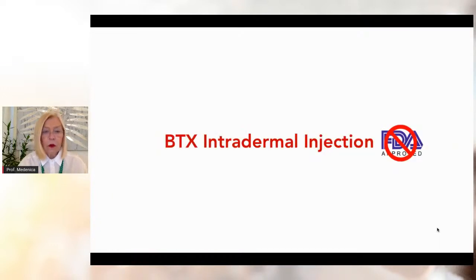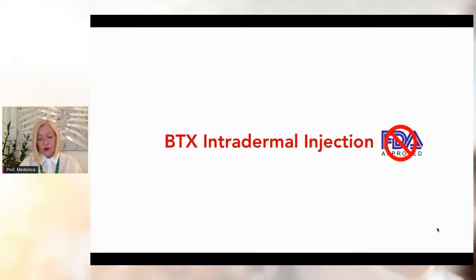Of course, the main topic of today's lecture is intradermal injections of botulinum toxin. Dermatological off-label uses of botulinum toxin are a really active area of research. The exact mechanism by which botulinum toxin affects disease processes in many dermatological conditions is still unclear.